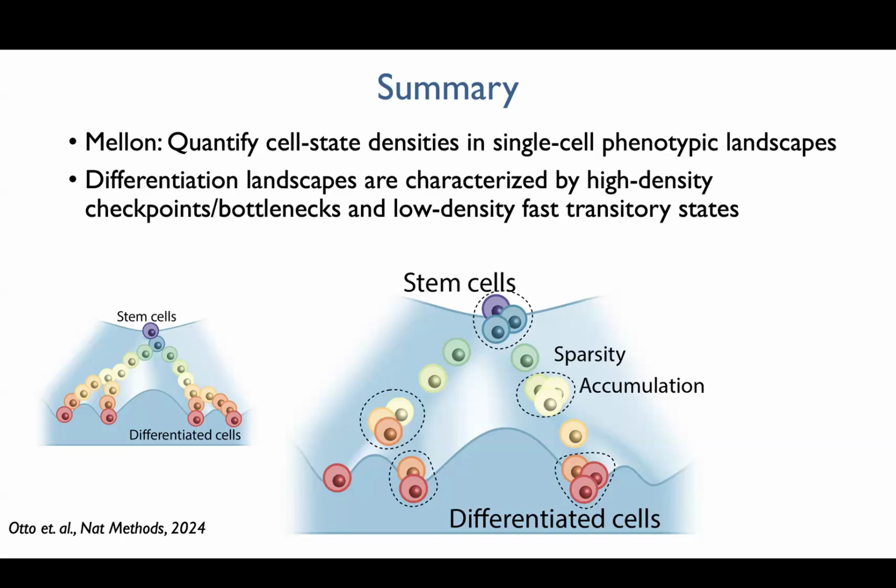This is an on and off process where you can think of almost like a dam release, but regulated. And now our tool, Mellon, by quantifying this density at single cell resolution, allows us to start formally describing this. Great. I'm going to pause to see if there are questions about this.